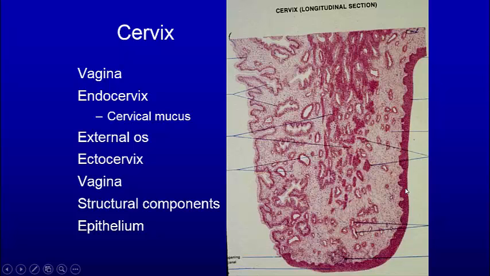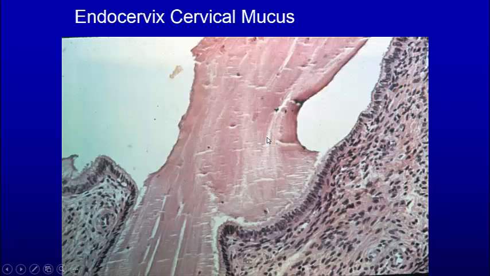On one side of the cervix is stratified squamous epithelium like the vagina, and on the other side it's a secretory type, simple columnar epithelium, that we can see.